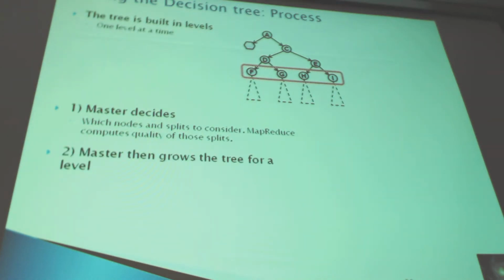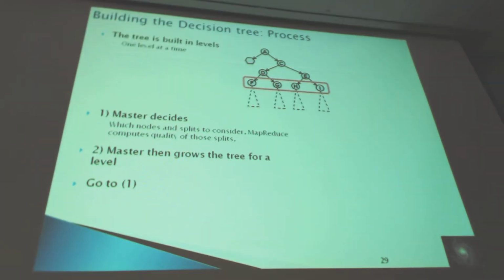It then provides feedback to the master. The master will grow the tree for a particular level, and then you go to the next level of the tree and it starts again. So it is an iterative process until you have gone through all the attributes of the tree for splitting, and ultimately the master builds the final tree.